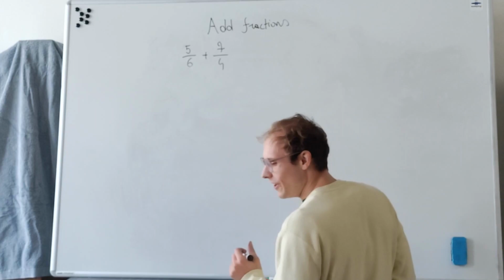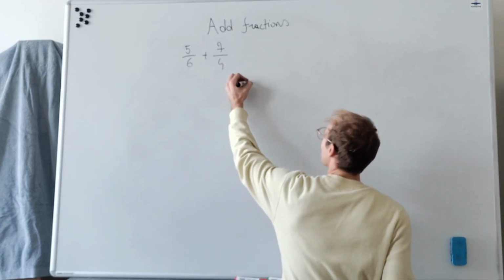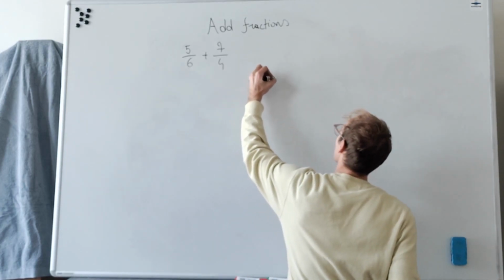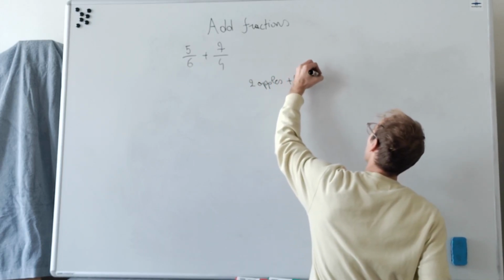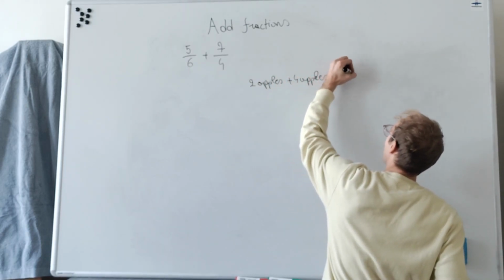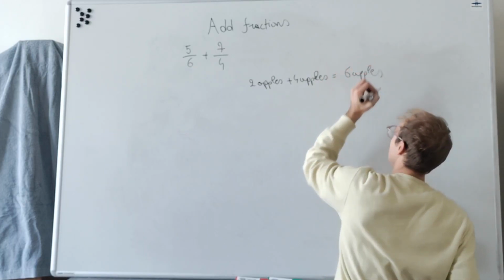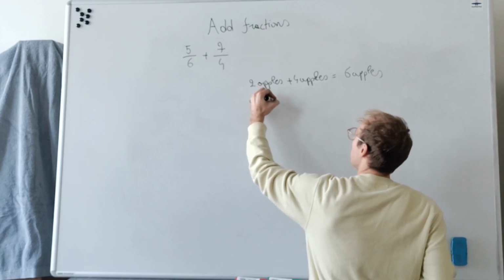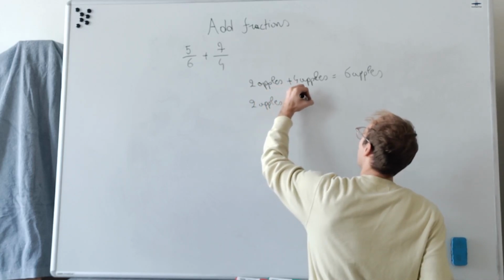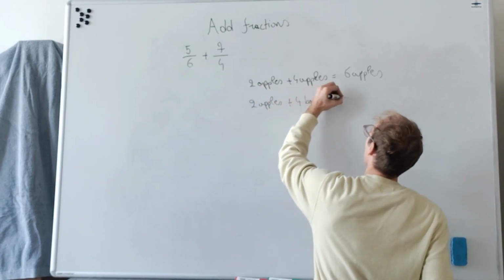For example, if I would like to add 2 apples and 4 apples together, well, that's of course just 6 apples, right? That's easy. But what if I would like to add 2 apples to 4, let's say, bananas?